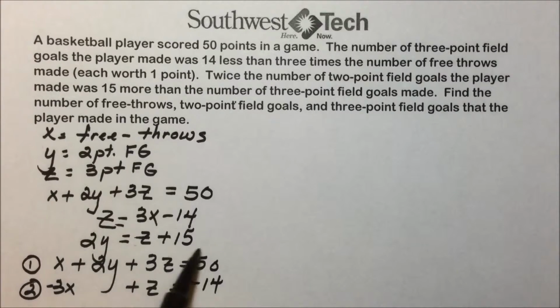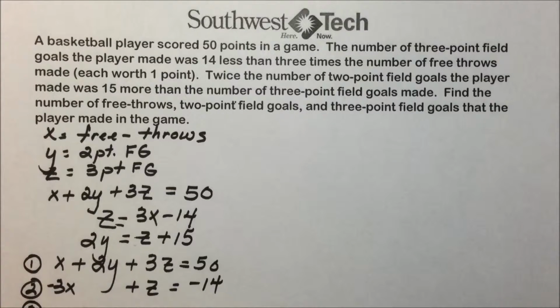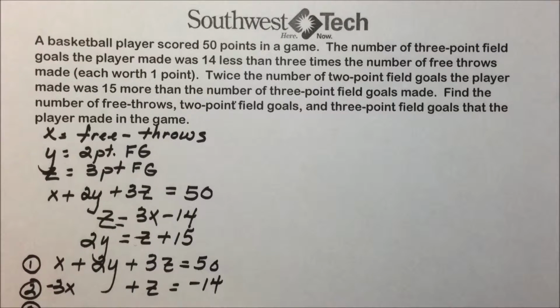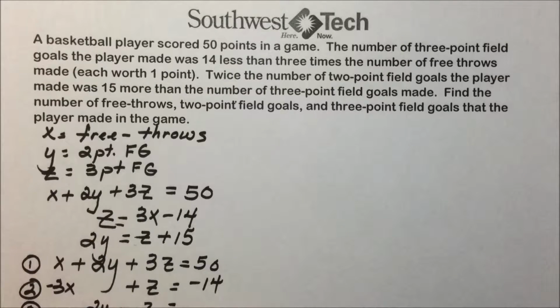In the next equation, we'll call it number 3, we'll bring the Z to the left. It's a positive on the right. Subtracting a Z will make it negative on the left. So we have the 2Y. Bringing the Z over is the negative Z, as I said, is equal to 15.